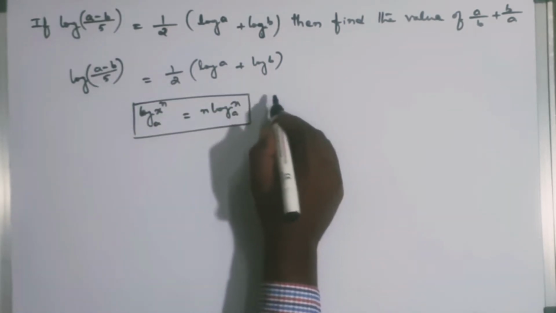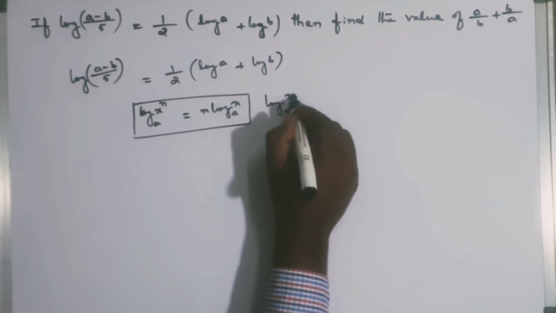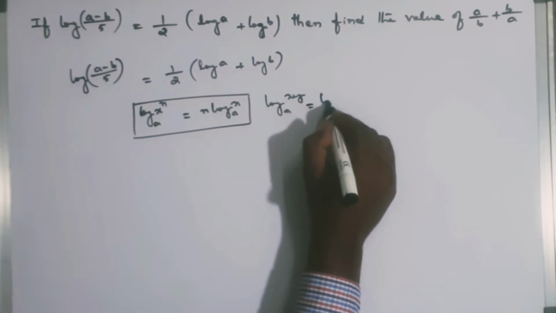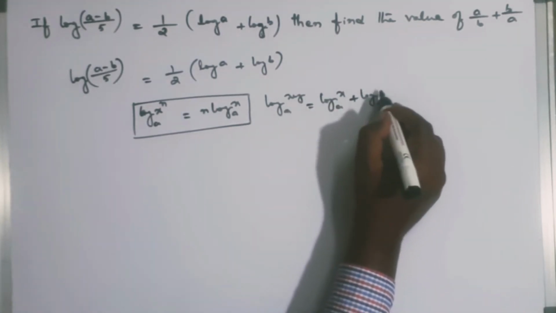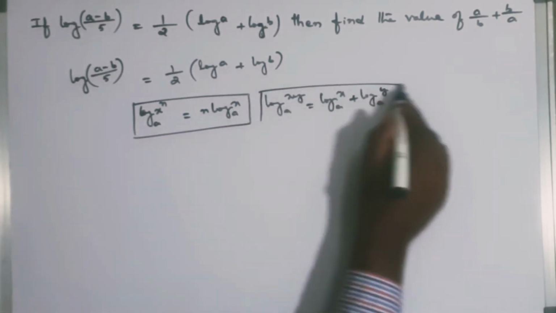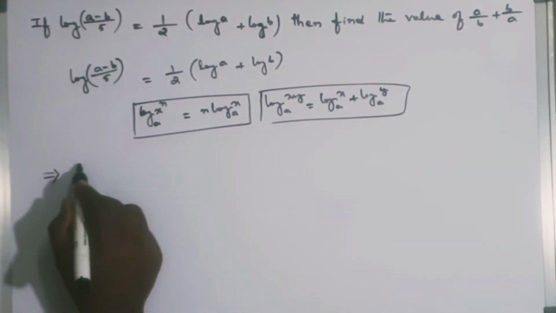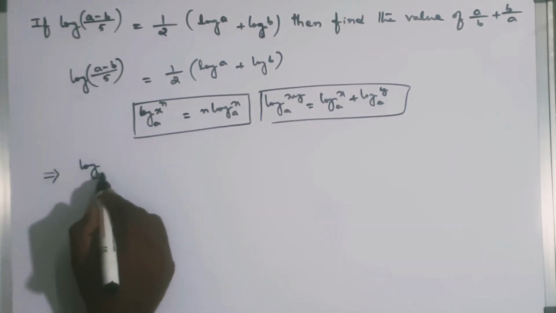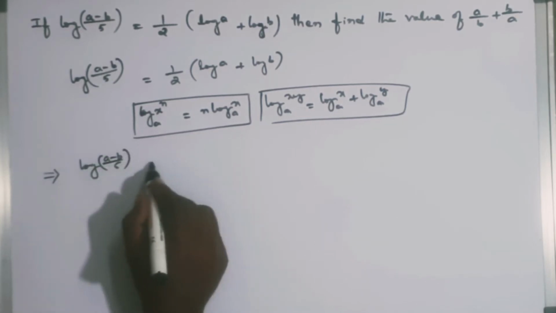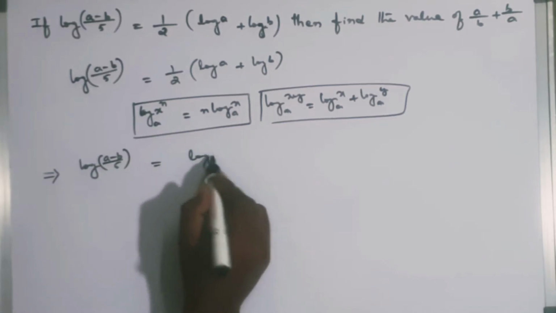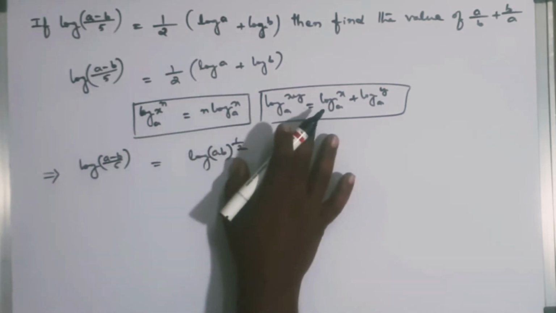I will also use one more formula: log base a of x into y equals log base a of x plus log base a of y. Which implies log of (a minus b) by 5 equals log of (a into b) all to the power of 1 by 2, using these two formulas.